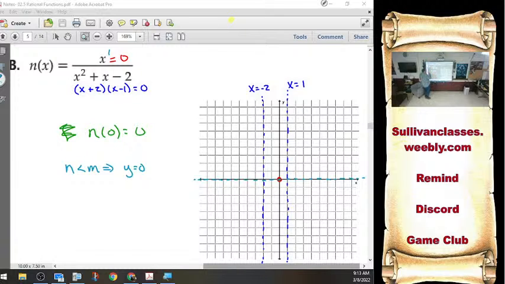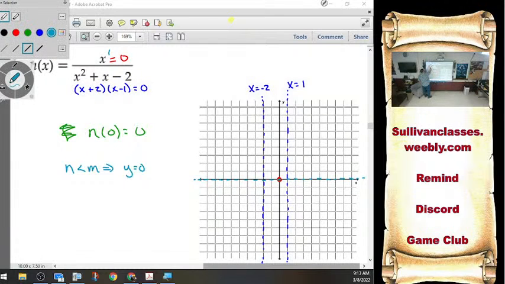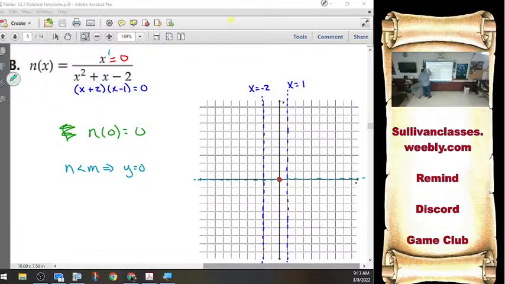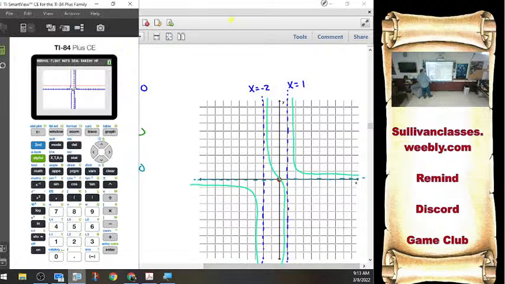So I'm going to have a graph that goes through that one spot. My guess, based on prior experience, is it's going to go through like that and then alternate. But I'm going to need some more points to prove that. I might be wrong, so I'm going to put that in my calculator and double check.